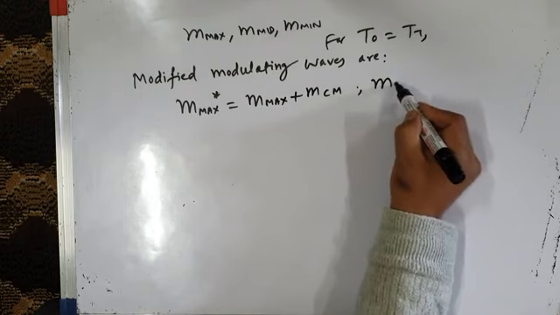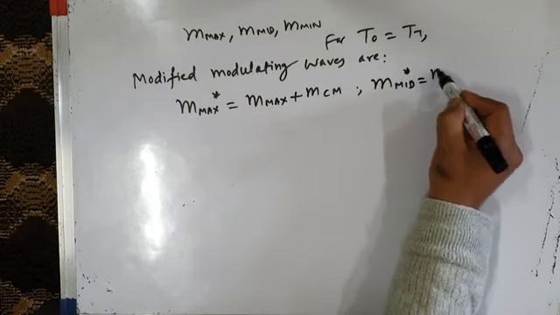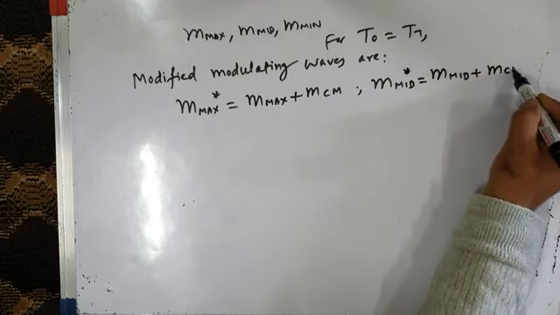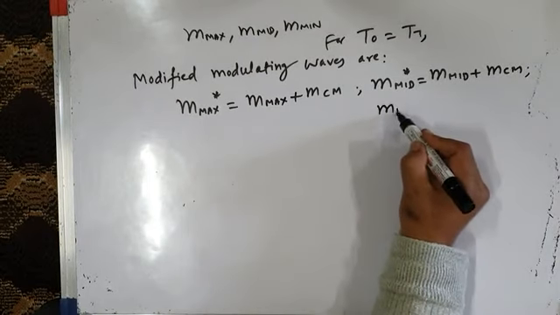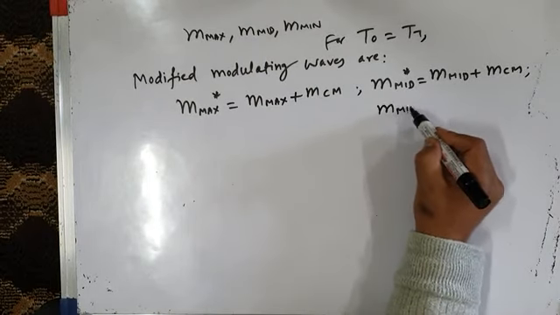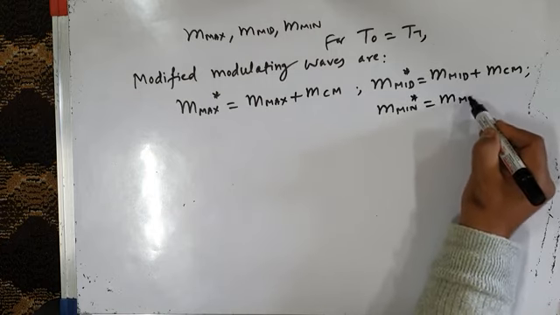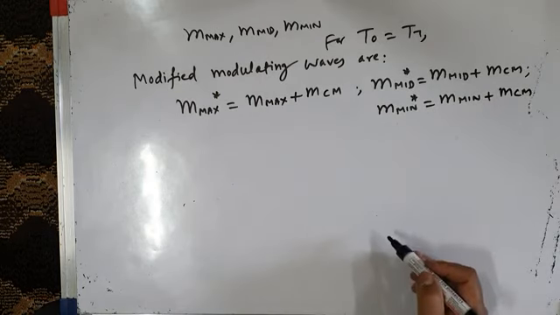Similarly, the second modified modulating wave is m mid star. It is equal to the original sinusoidal modulating wave, m mid, plus the same common mode signal, MCM. And similarly, the third modified modulating signal, m min star, is equal to the original sinusoidal modulating wave, m min, plus common mode signal, MCM. Right?